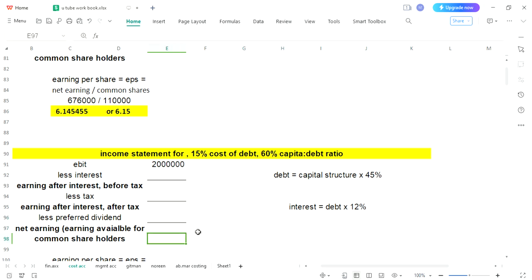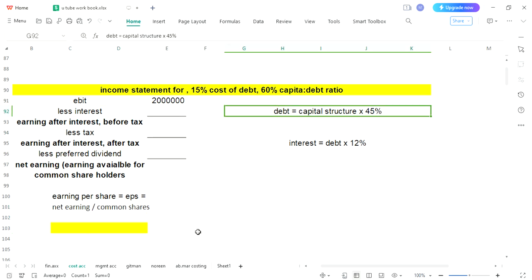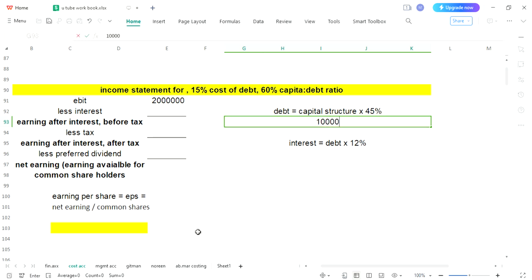and let's see what it was here. This is also not needed. Let's delete them. Amount of interest would now be calculated. Your capital structure is 10 million, and you are needed to calculate 45% given over here.